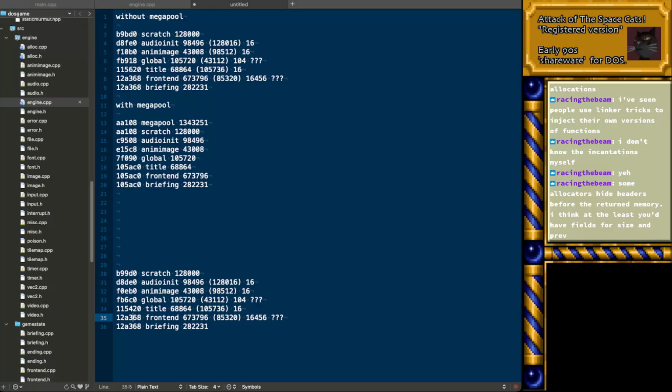I misremembered that. 12A168. Right, calculator. Where's my calculator gone? There it is.